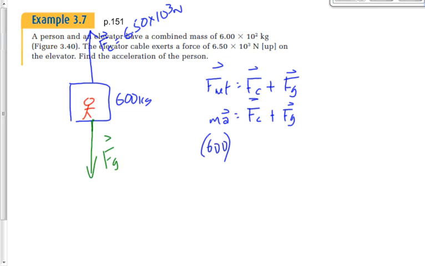Should we know whether he's moving or not in the elevator? Should we know whether he's smiling or breathing? Does it matter? No, it doesn't matter in the slightest whether the guy is moving or what his mass is, as long as the mass of this elevator includes the mass of the guy.